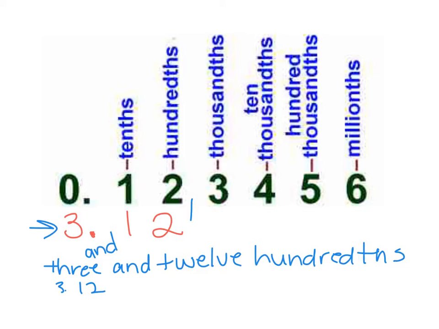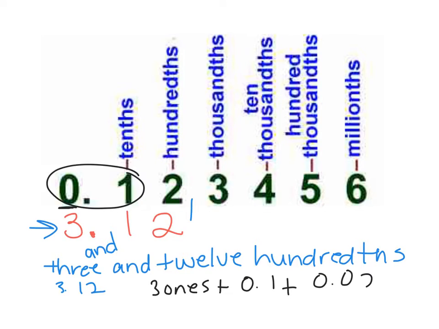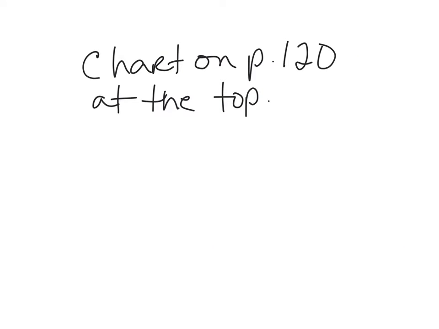If I would write it in expanded form, I would say I have 3 ones, because this is the ones right here, plus 0.1, which is this right here, that shows 1/10, plus 0.002 is the hundredths. There is a chart on your page 120 which says key concepts and shows the exact same thing that I showed you if you need a reference.